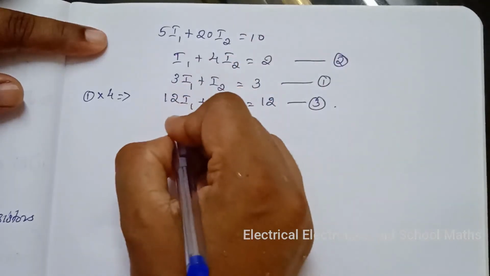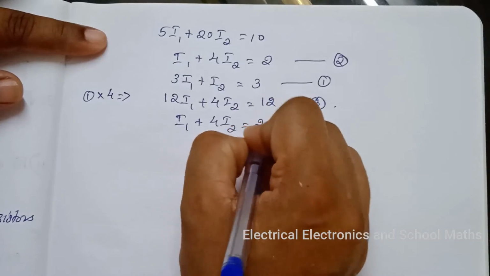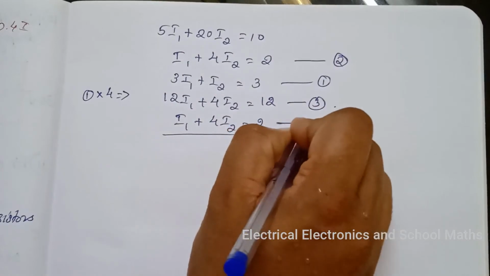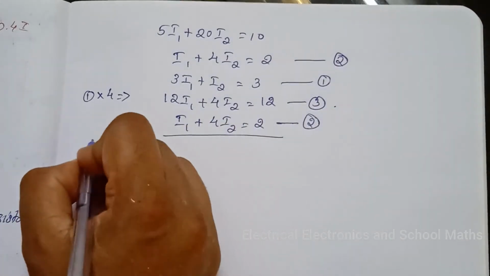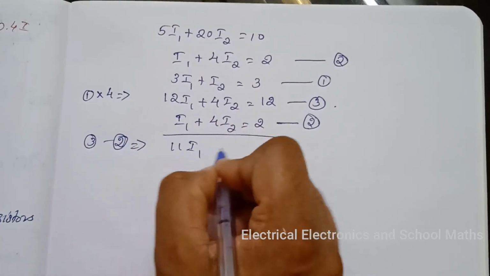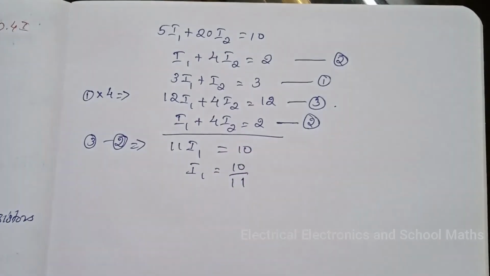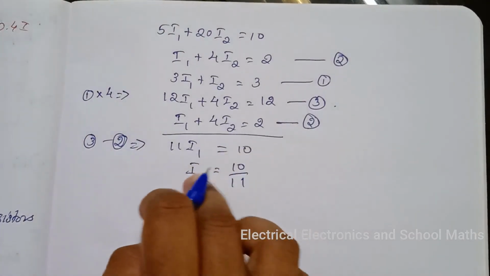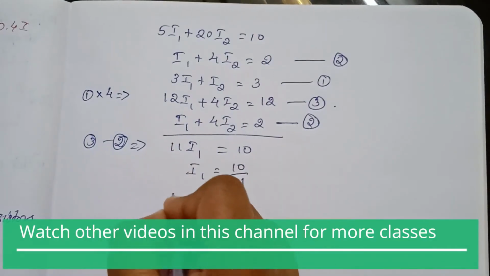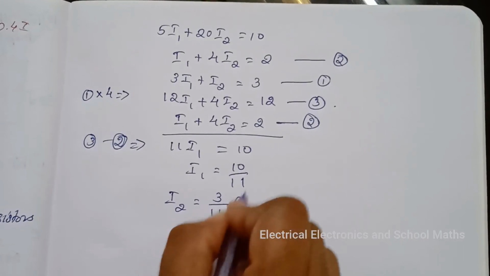Now simplifying equation 3 and 2, that is equation 3 minus 2 implies 11 I1 equal to 10. From this we get I1 equal to 10 by 11. And by substituting the value of I1 in either of these equations, we get I2 equal to 3 by 11 ampere.